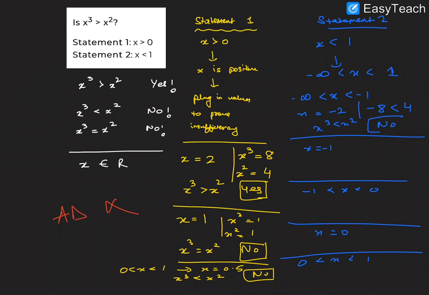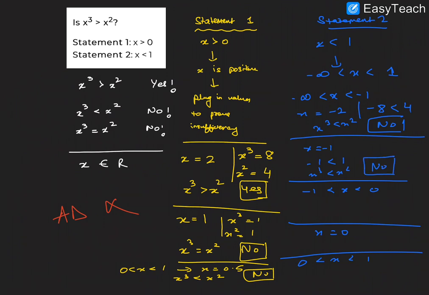Sorry, now x is equal to minus 1. What am I going to get? x cube is minus 1 and x square is 1. So minus 1 is of course less than 1. So again, I'm having a no, x cube is less than x square, so it's a definite no.